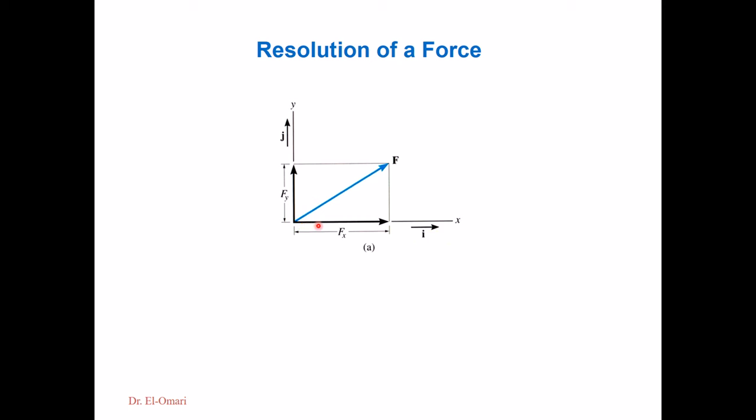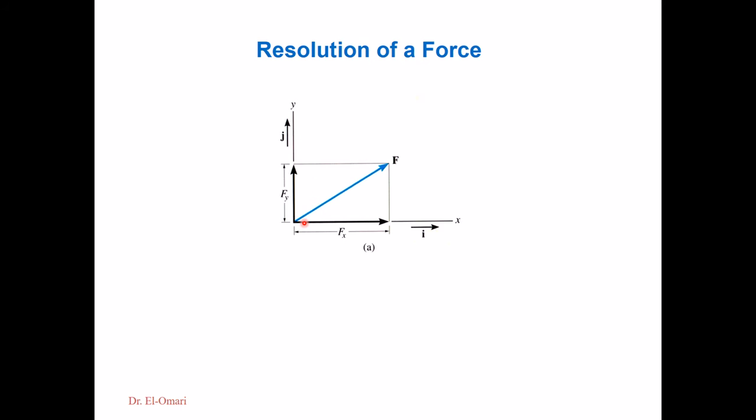That's why they also have to have a direction. The direction of the x-axis is represented by the unit vector i, and of the y-axis by the unit vector j.